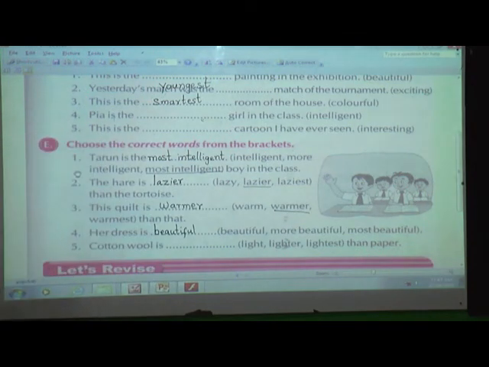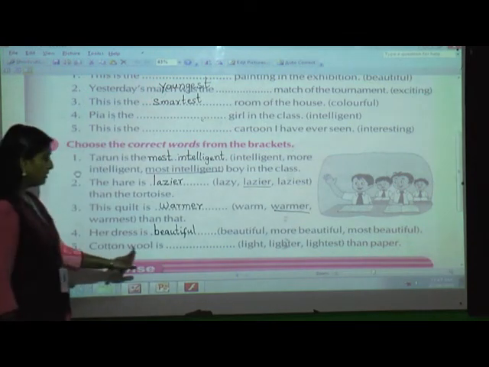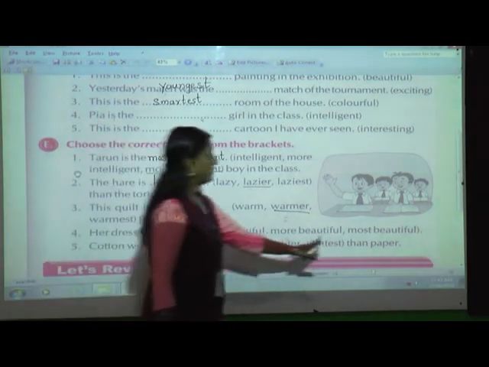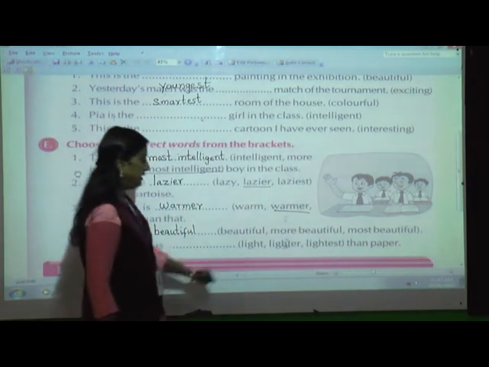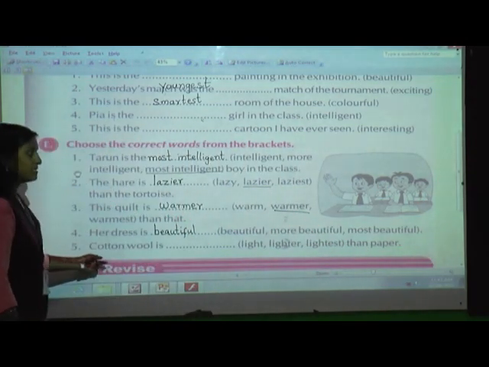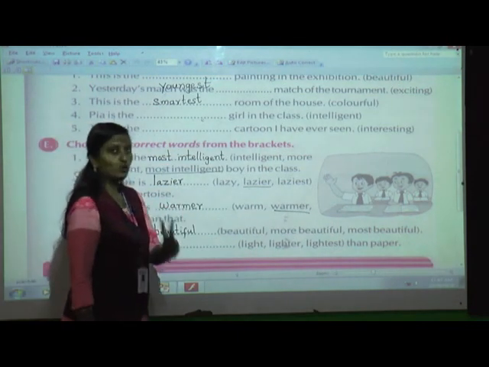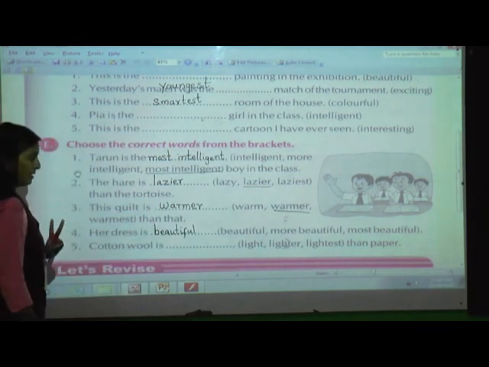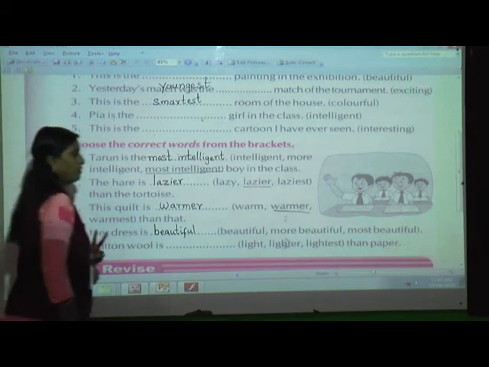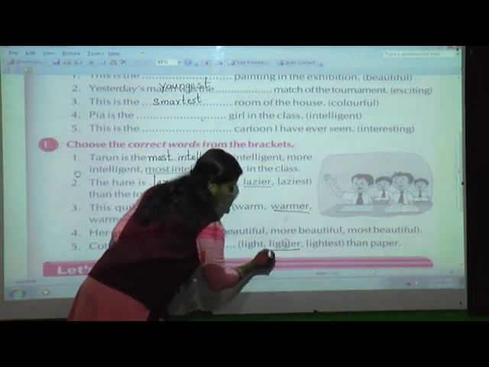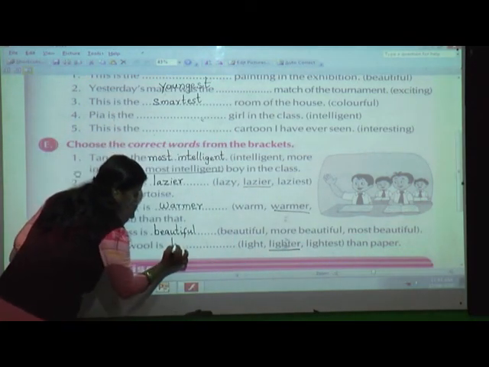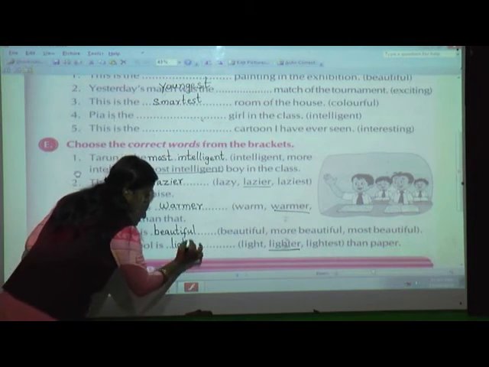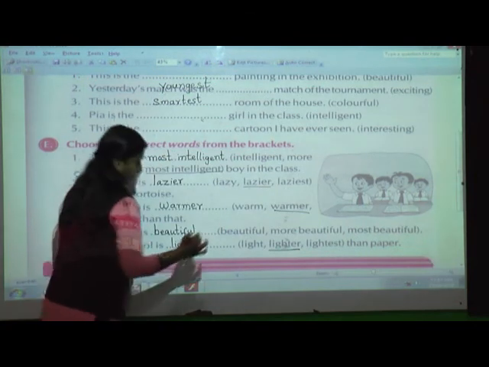Okay. Cotton wool is dash than paper, and here for a hint they have given light, means cotton wool has been compared with the paper. Only two things have been compared over here. So what we are going to do? We are going to take ER form of the adjective. L-I-G-H-T-E-R.